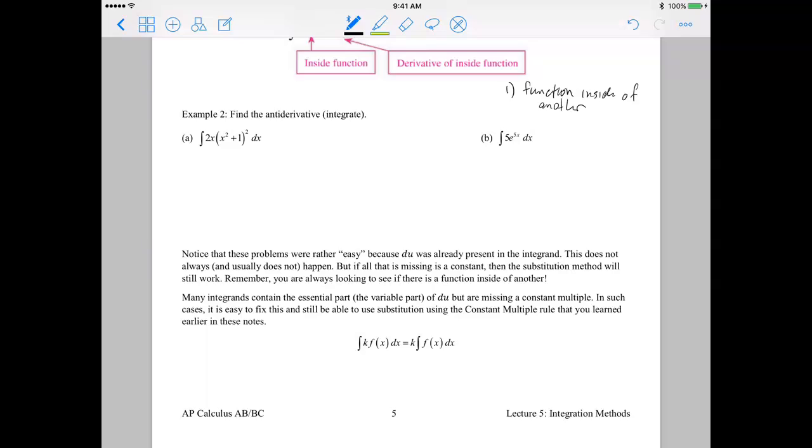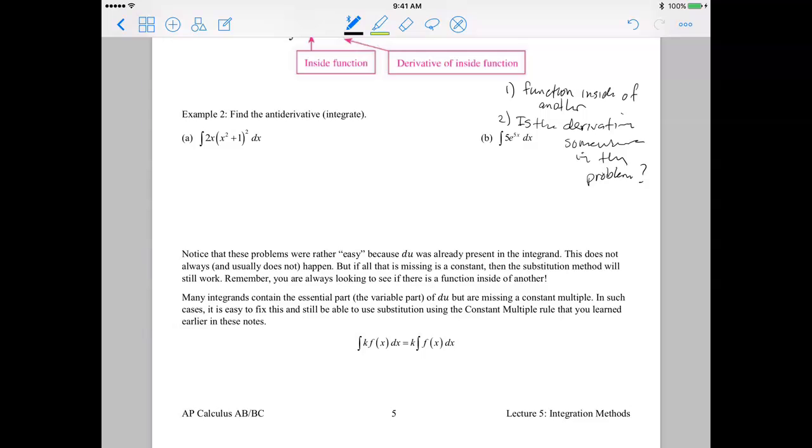The second thing that I'm looking for is the derivative of my choice of u somewhere in the problem. Is the derivative somewhere in the problem? If it's not, it's not a good choice of u, and I need to try something else. If it is in the problem, I've chosen the correct u, and I can proceed with the u-substitution.